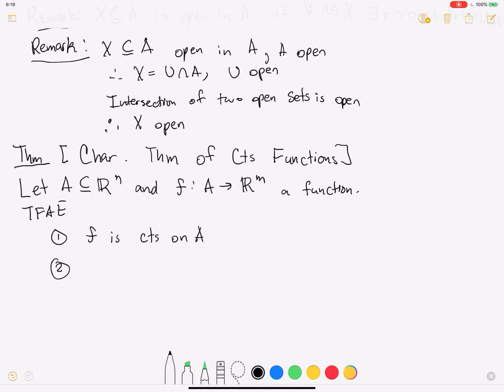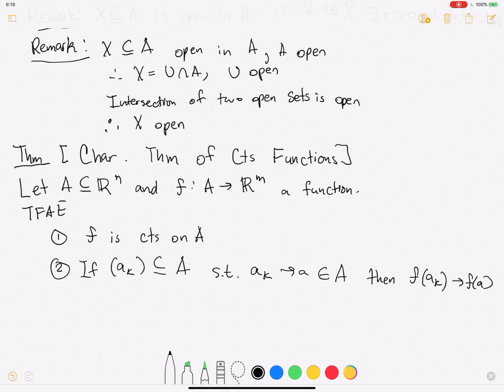2. If you have a sequence of a_k contained in A and they converge to a point a in the set A, then f(a_k) will converge to f(a). And 3.